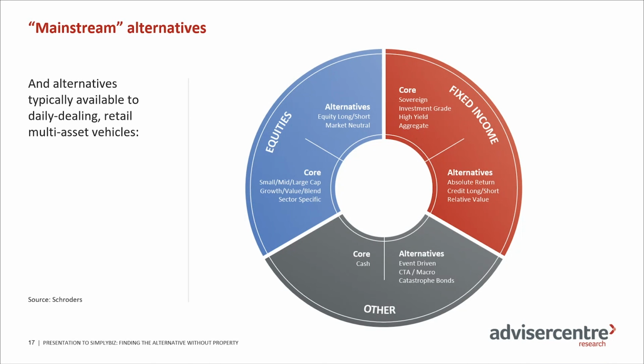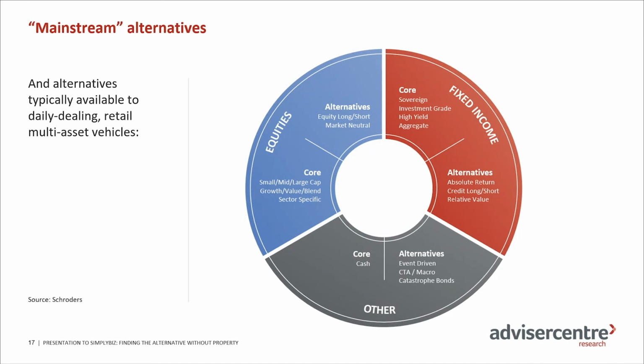Final alternatives we would highlight, event-driven, I've also already alluded to, the CTA, macro funds. There are macro funds. You'll know them. Sometimes they're rhyming with fixed income funds. You'll be aware of some brand names that claim and have macro funds. And they're just putting together often directional and trading ideas, putting them into one portfolio and describing it as a macro fund. And there's another little wink, and you can do this obviously, it is catastrophe bonds, where should catastrophic events occur, you're part of a reinsurance program for that.